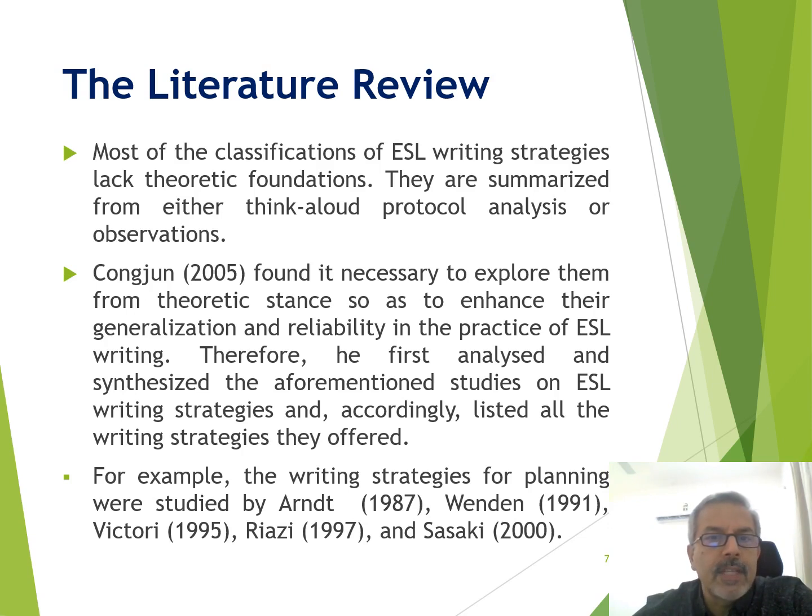The second thing is that most of the developers, I mean, those taxonomy developers, try to resort to think aloud protocol analysis or observations in order to develop writing strategy taxonomies. So they lack a sort of strong, firm theoretical background.